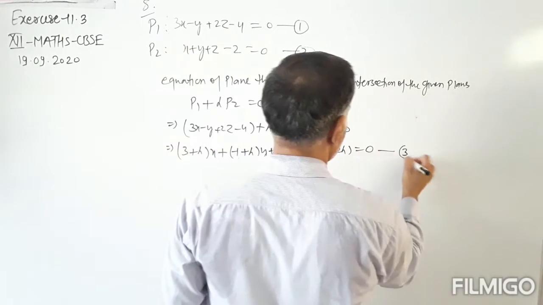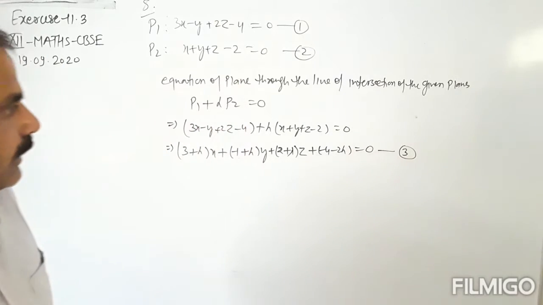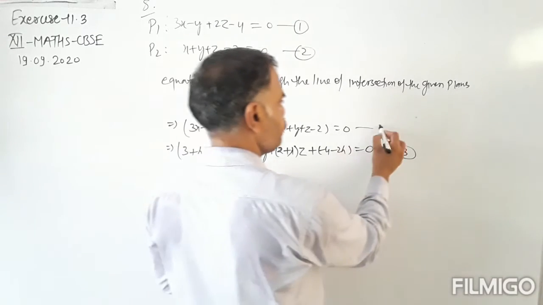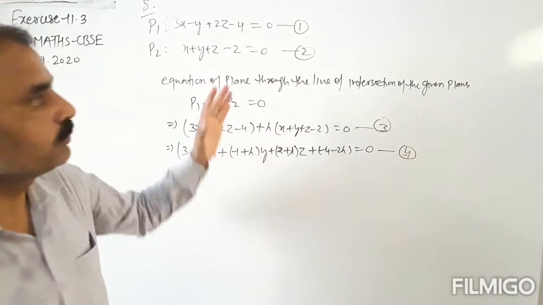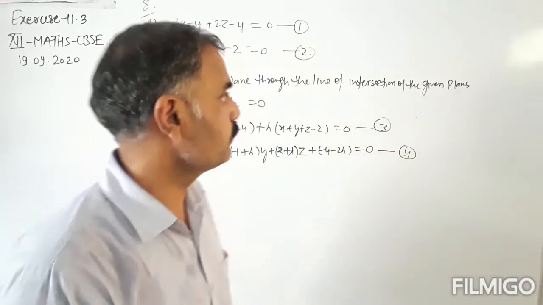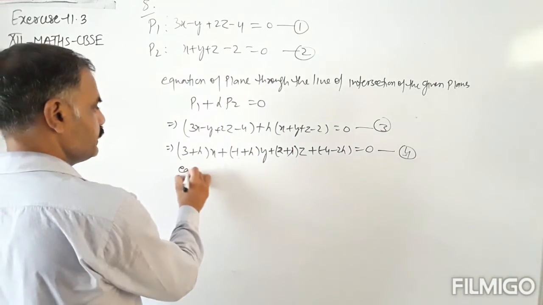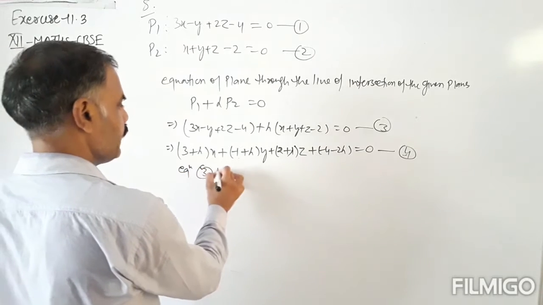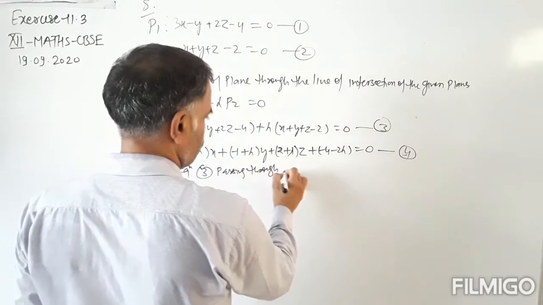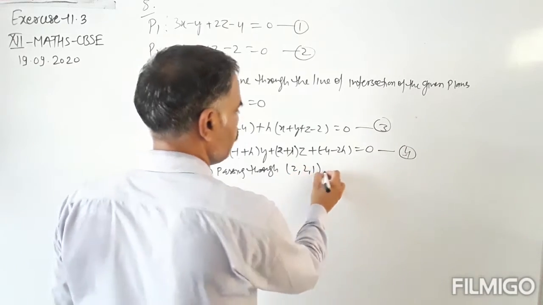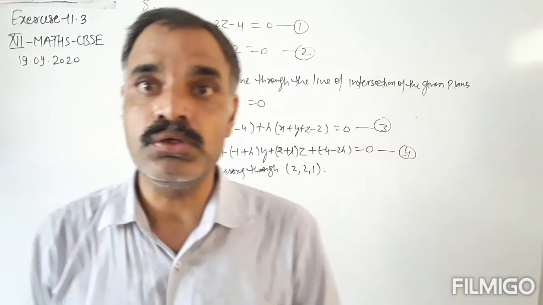This is the equation of the plane, equation number 3. Now this passes through the given point (2, 2, 1).